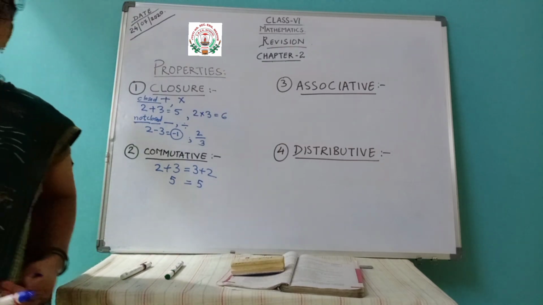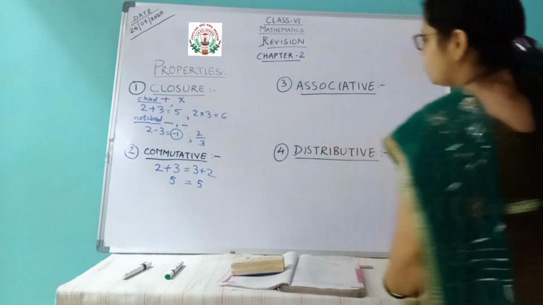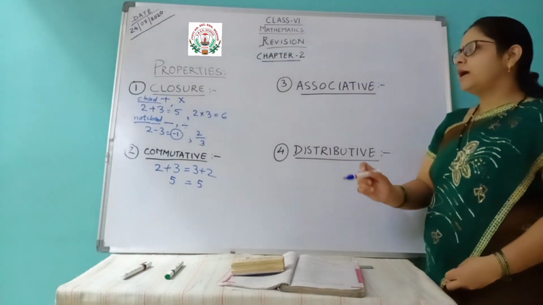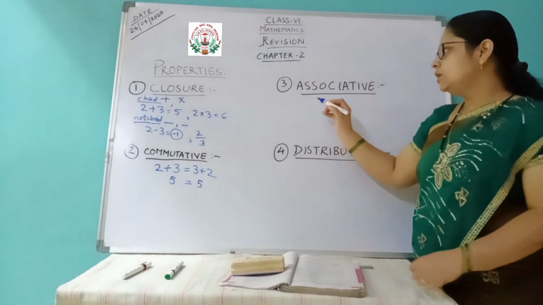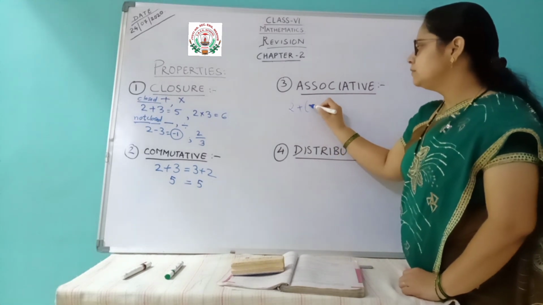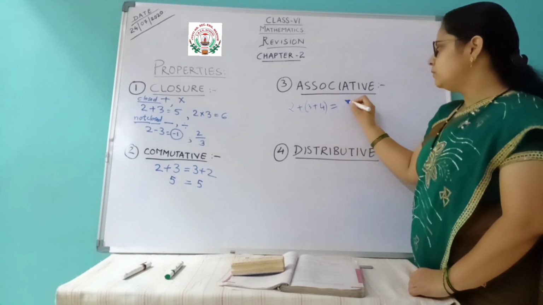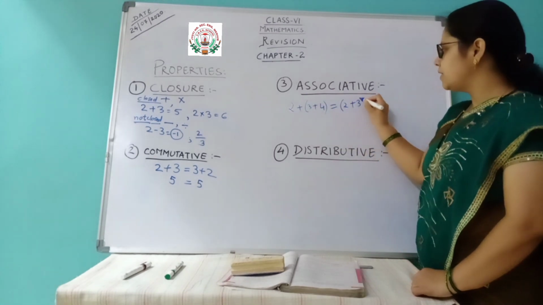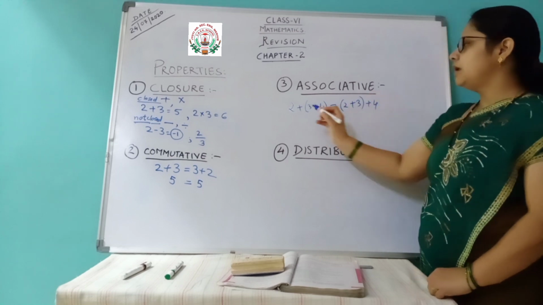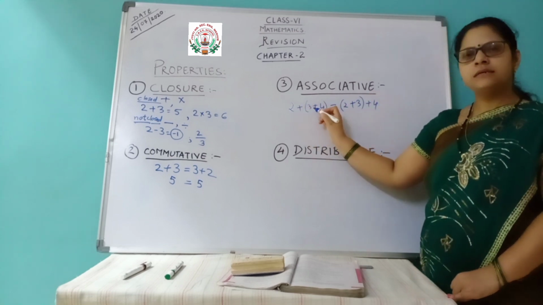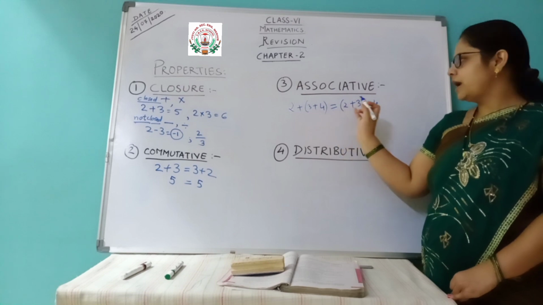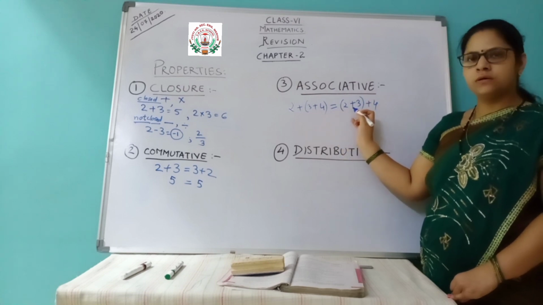Next, coming to the associative property. For associative property, just keep in mind that brackets are used. Like 2 plus 3 plus 4 written in one bracket will equal 2 plus 3 taken in one bracket and 4 alone. Here the bracket is on the last two numbers and here the bracket is on the first two numbers.